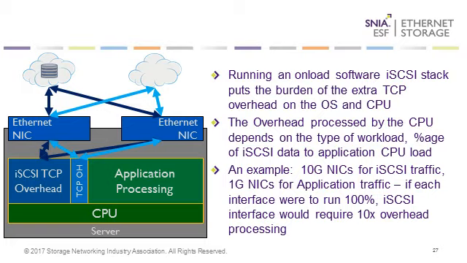Just to give you an example, if you had a server with a 10 gig NIC used exclusively for iSCSI and a 1 gig NIC used exclusively for application traffic, and each of those interfaces ran at 100%, it is possible that you could have iSCSI overhead that is 10 times what the application traffic overhead would be under TCP. Again, this is not a hard and fast rule. This is just a possible way that you can look at this.